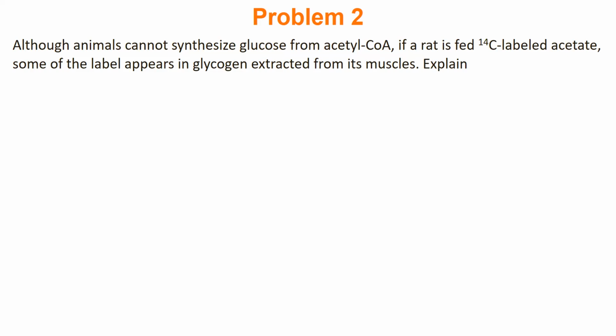However, if you give a rat carbon-14, which is radioactive carbon that you can measure, in acetate, so you just give them acetate, which is the acetyl part of acetyl-CoA, you extract glycogen from them, and now they have C14 glycogen in their muscles.